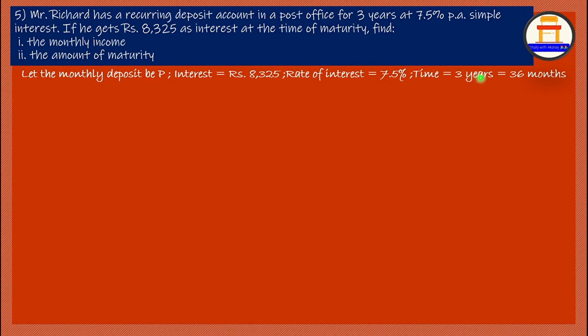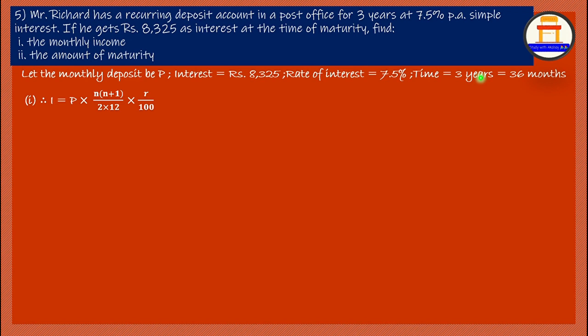Time is 3 years. So we cannot keep the time period in the form of years. We have to convert it into months. So 1 year is equal to 12 months, 3 years is equal to 36 months. So let's calculate using the interest formula. Interest is equal to P into N of N plus 1 into R divided by 2 into 12 into 100, or directly the denominator value can be substituted as 2,400.